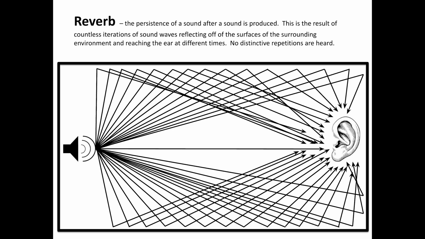This is the result of countless iterations of sound waves reflecting off of surfaces of the surrounding environment and reaching the ear at different times. And the most important thing here with the reverb is that no distinctive repetitions are heard. What we hear really is thousands of repetitions that are so close together that it kind of just makes an ambience, right? It's just hard to describe, but that's really what's happening.